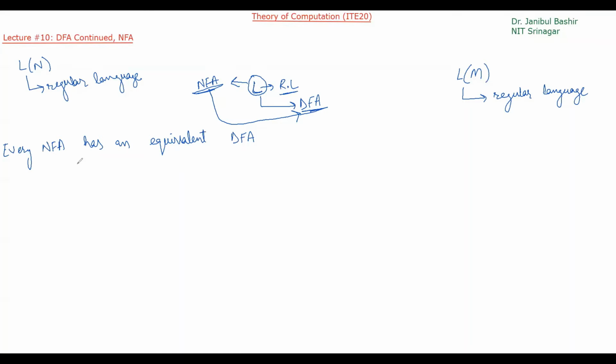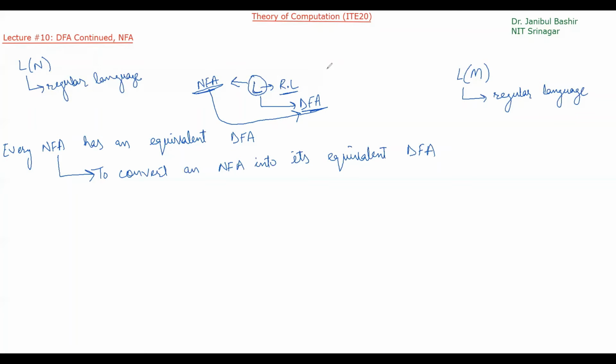That means we should have a mechanism to convert an NFA into its equivalent DFA, because we know that every NFA has an equivalent DFA. So how will we design a DFA for an NFA? Or we can say how can we convert an NFA into a DFA.